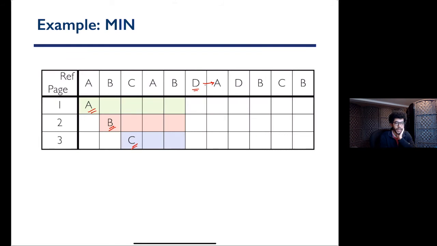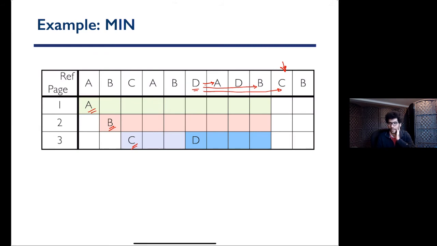What about B? I'm going to access B in 2 accesses. And C is going to be accessed 3 accesses in the future. So C is the one that I'm going to access the furthest in the future, so I'm going to pick C. I will put C out and put D there. Now A, D, and B will hit.